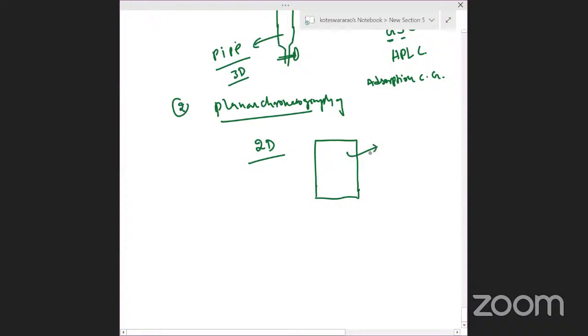This two-dimensional plane may be a paper or a thin plate, or a glass slide coated with stationary films.